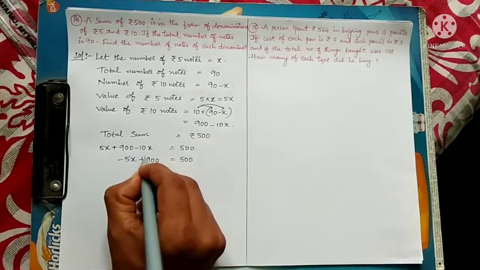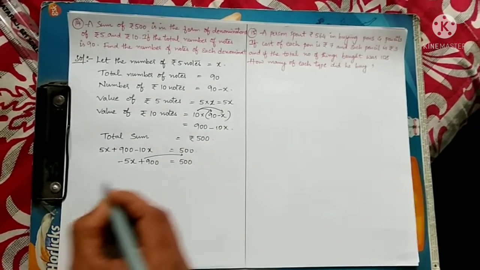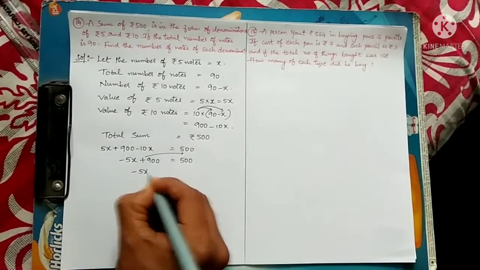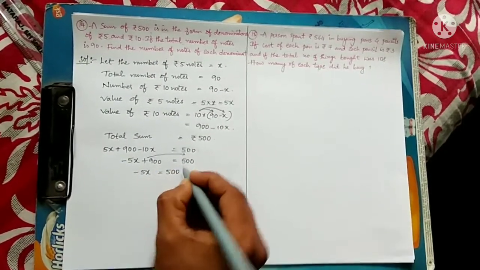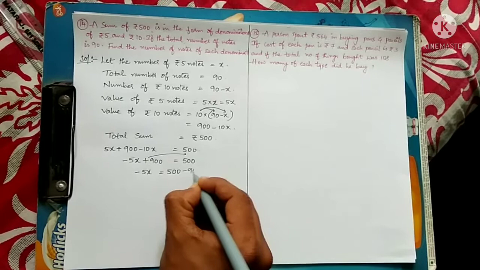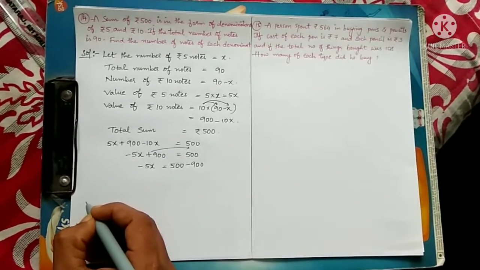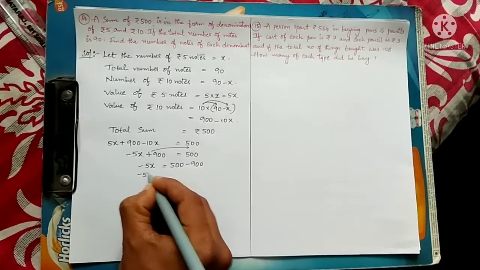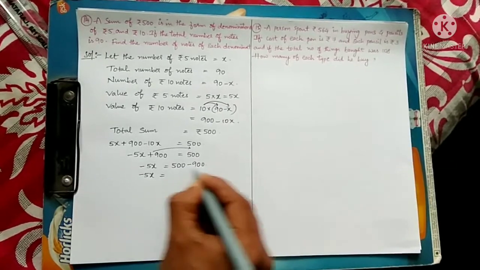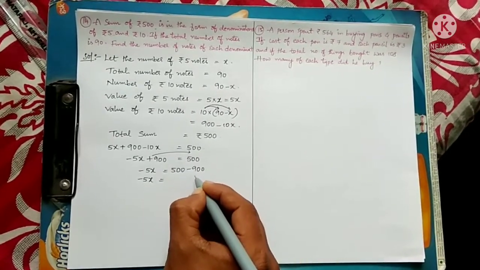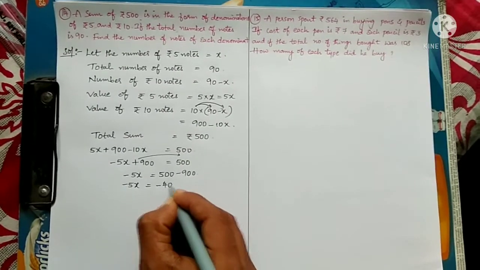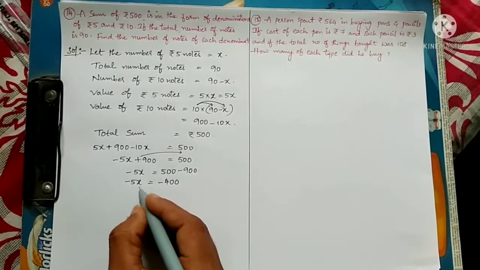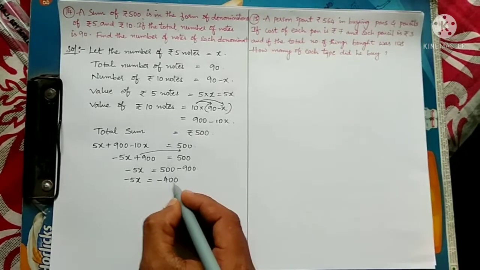Now transpose this plus 900 to the right side. So minus 5x as it is is equal to 500. If I transpose plus 900, it becomes minus 900. So minus 5x is equal to 500 minus 900, which is minus 400.